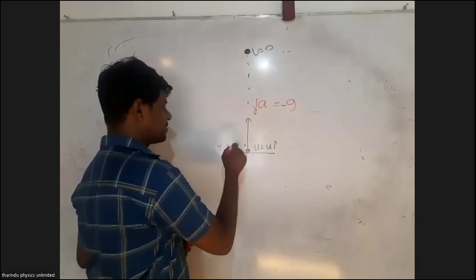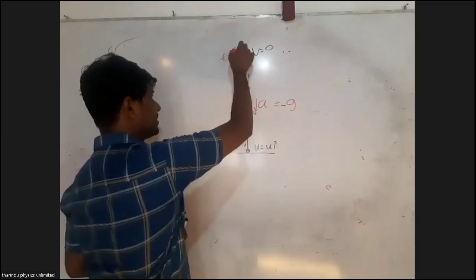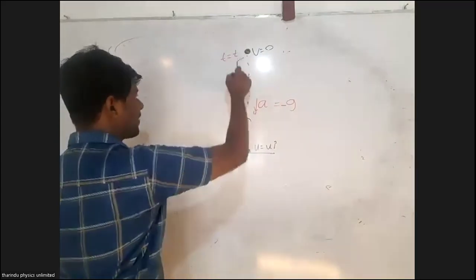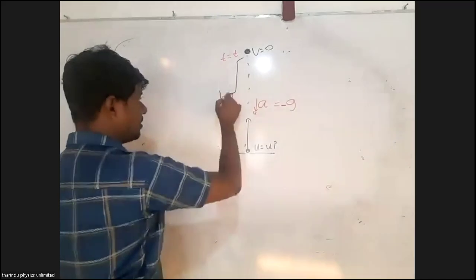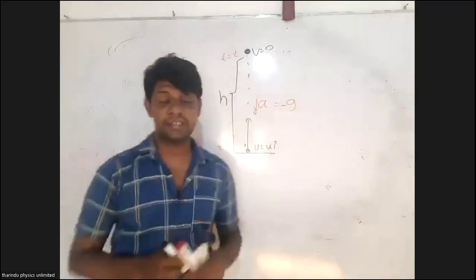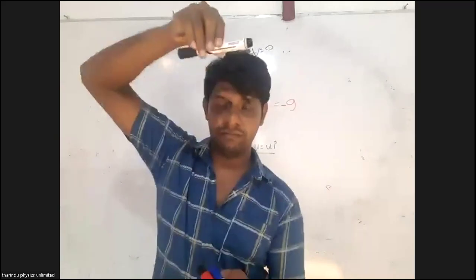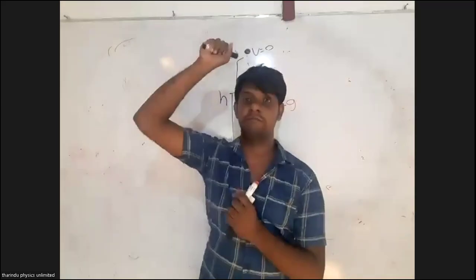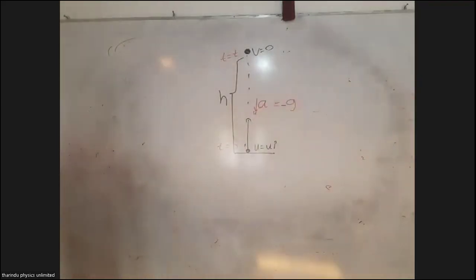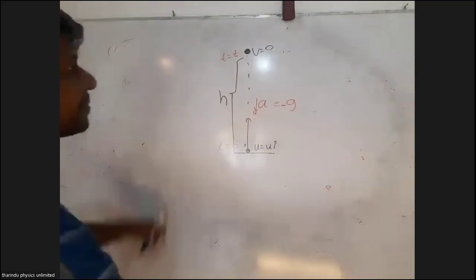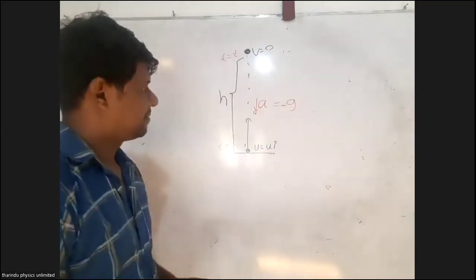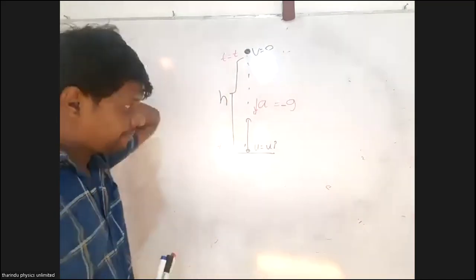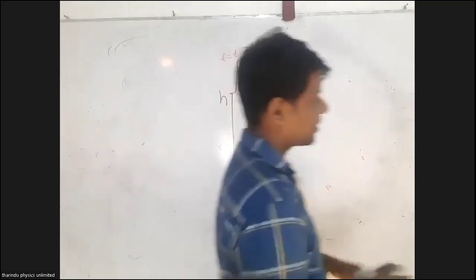If you start at t equals 0, it will reach the top after some time t, and the height factor I don't know, whatever height it will reach. In the previous case, we knew the height from where we dropped. But here we have to wait for it to reach the height, so the height is also something we don't know. It is the reversal of the previous process. Now write this one, so copy this diagram. Until you copy, I'll drink some water and come back quickly.